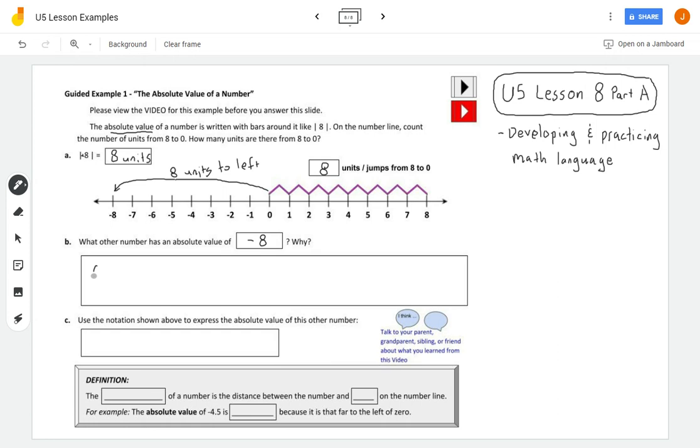And the reason for that is opposites are the same distance from 0. So opposites are the same distance from 0 on the number line.